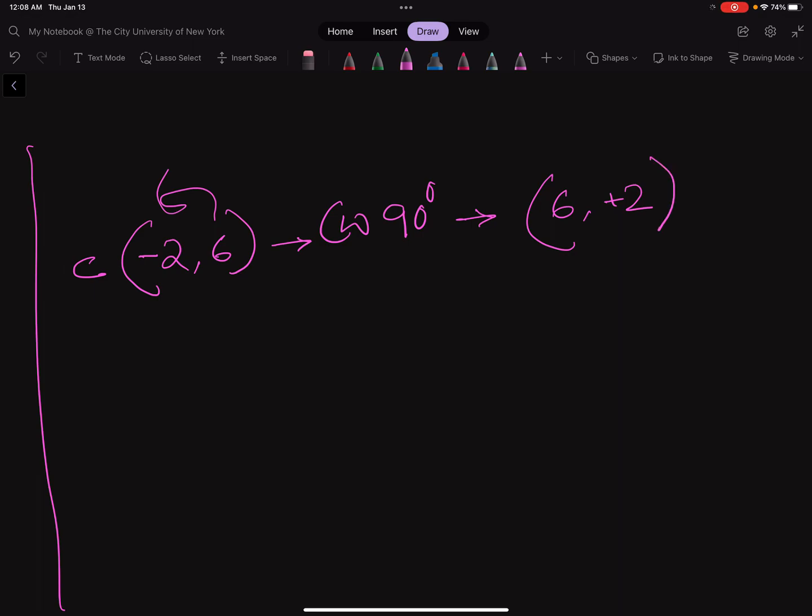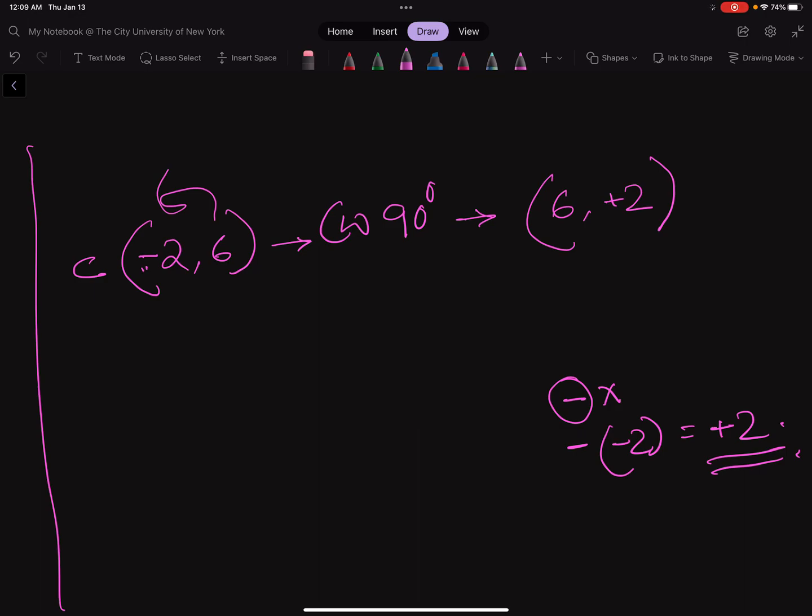Basically the rule is negative x. So this is a negative for the rule, and your x is -2, so it becomes positive 2. All right.